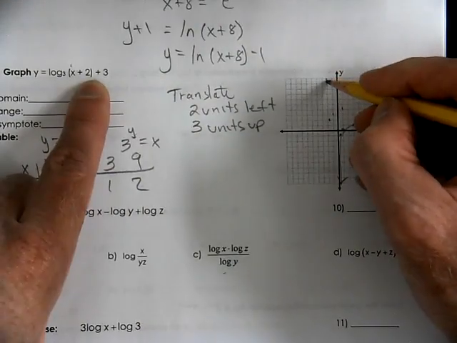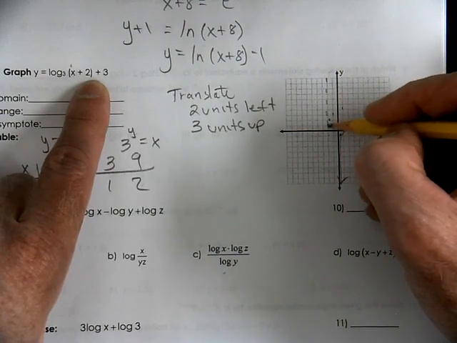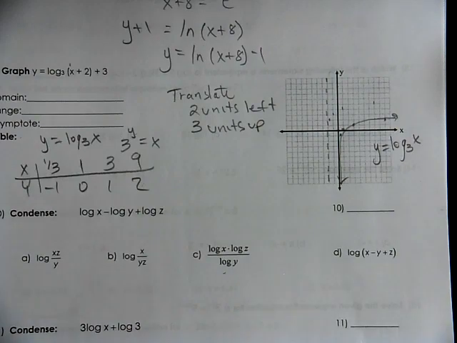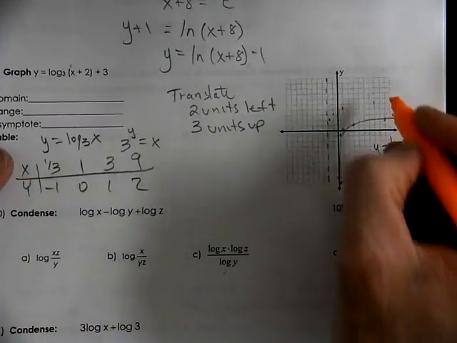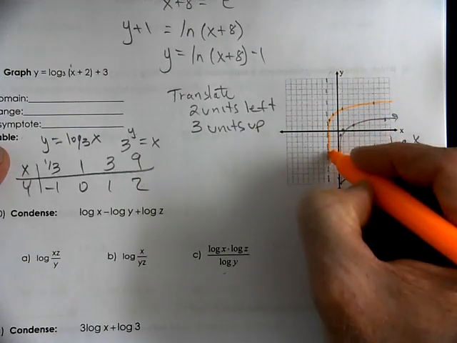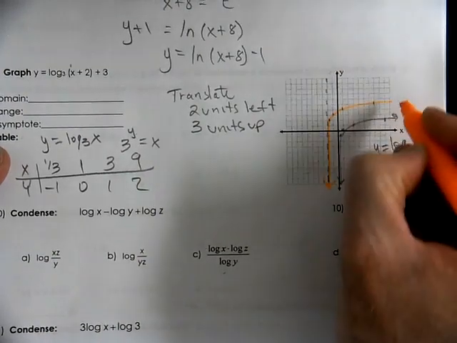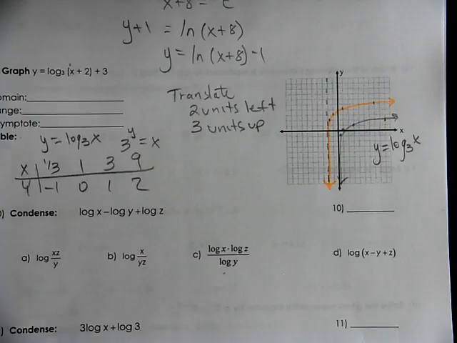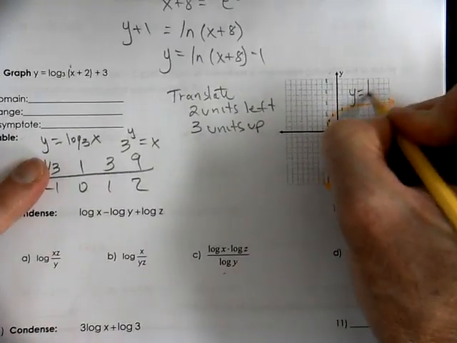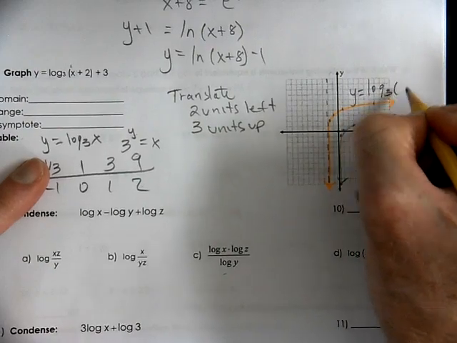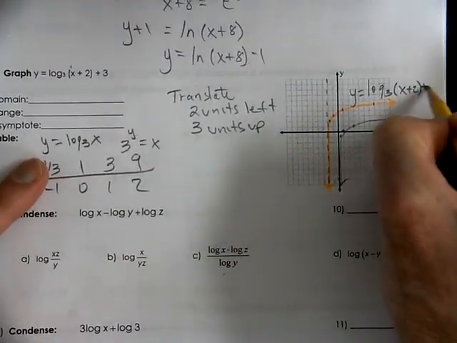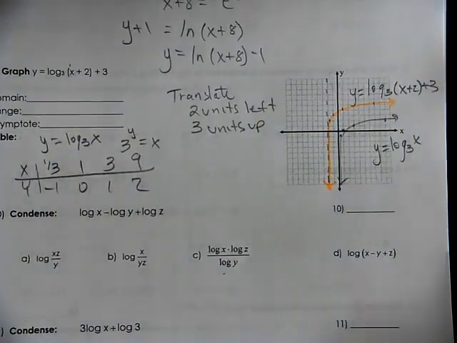So that means the asymptote that we are approaching comes right here. And that's y equals log base 3 of x plus 2, which makes it go to the left, and plus 3, which makes it go up.